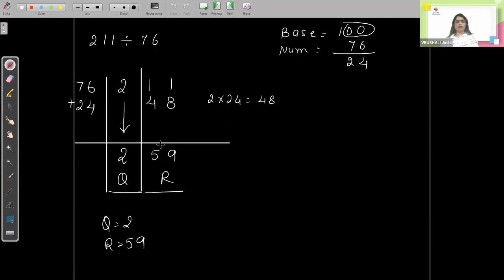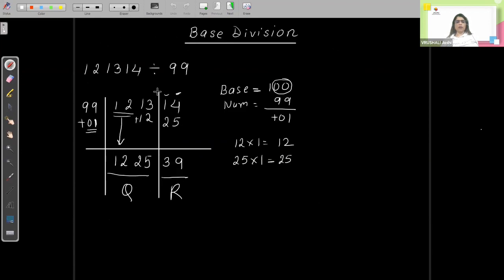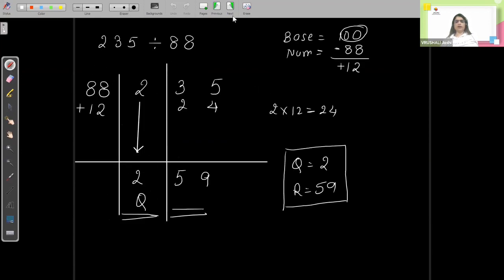Did you observe this? See, all our answers were 1 digit, correct? Not here, but here, correct? Now, let us see a case where your answers will be more than 1 digit.